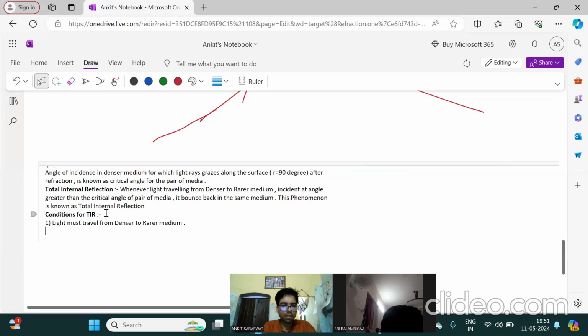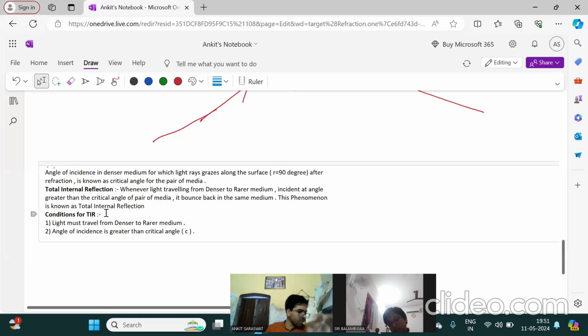Next condition, angle of incidence is greater than critical angle. I subscript C or C. You can write C. I just denote this critical angle by C.